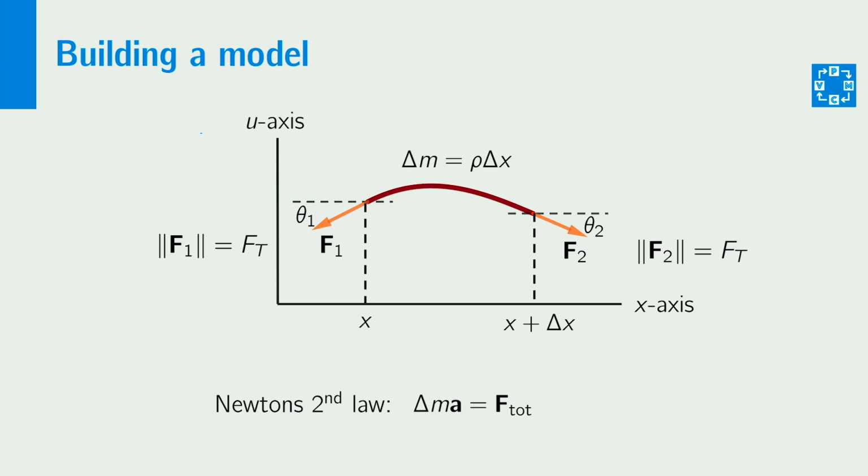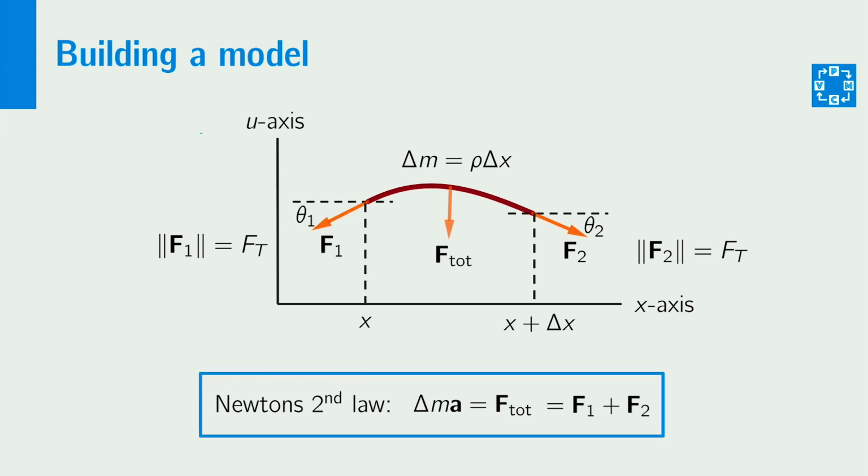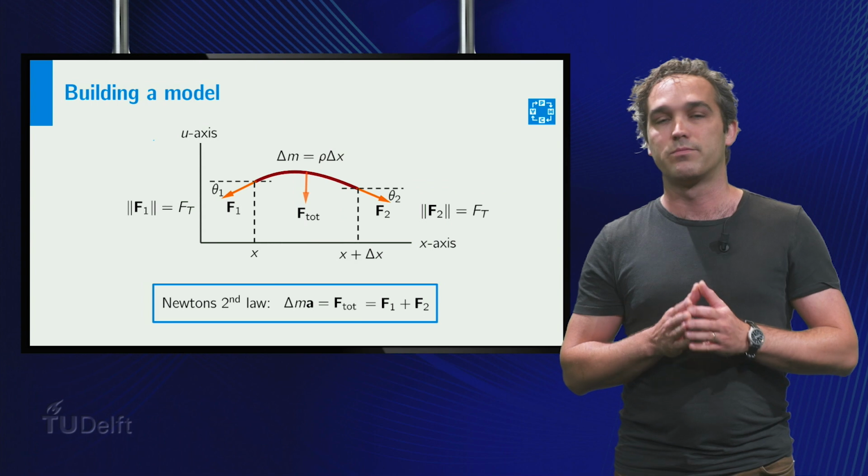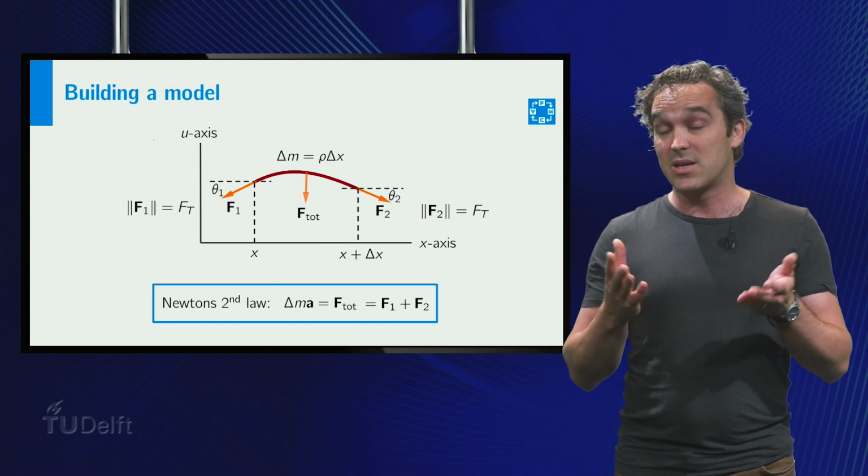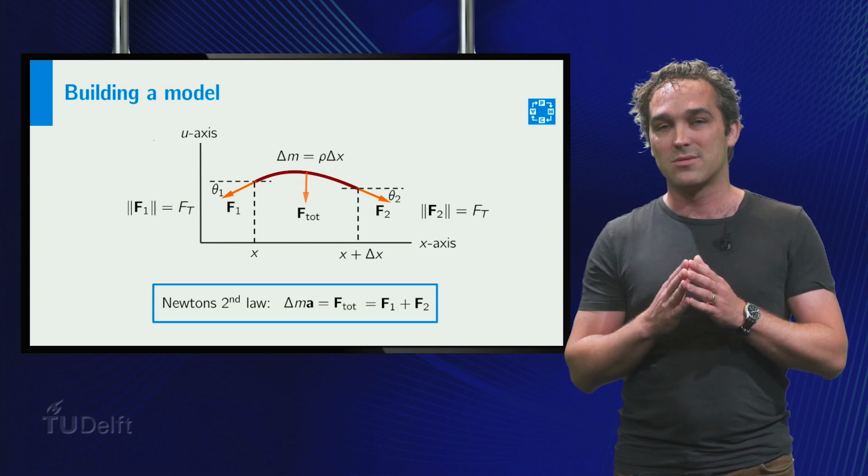Theta 1 and theta 2 measure the angles between the force vectors and the horizontal direction. The total force acting on the entire segment is then simply the sum of F1 and F2. In this case, that's a downward pointing force.